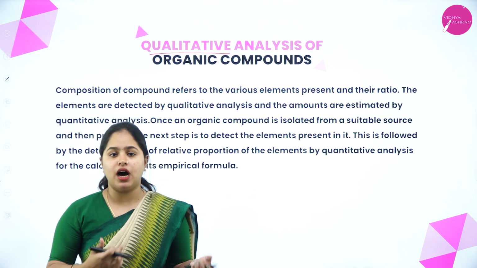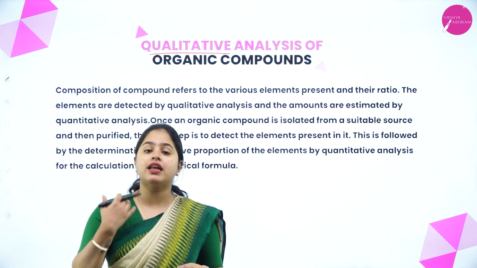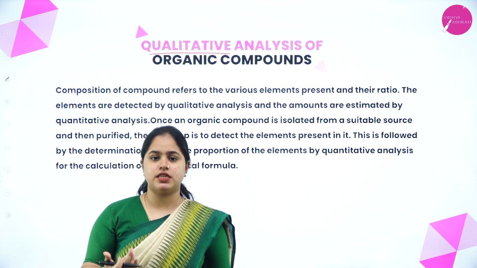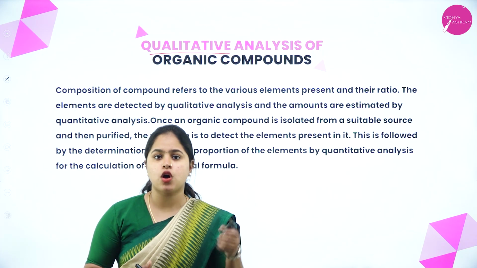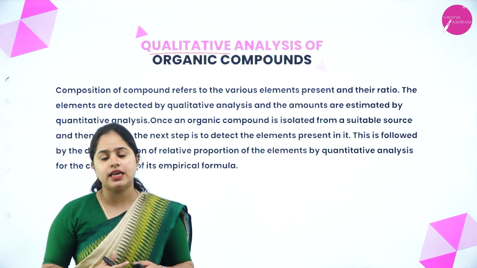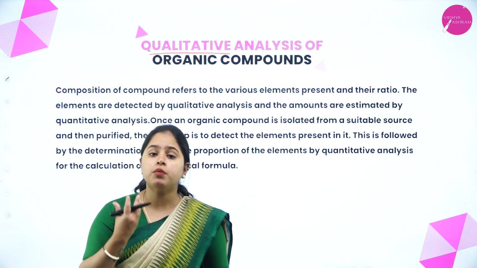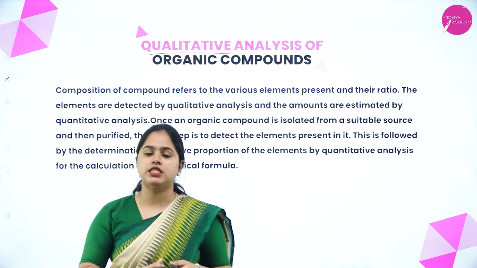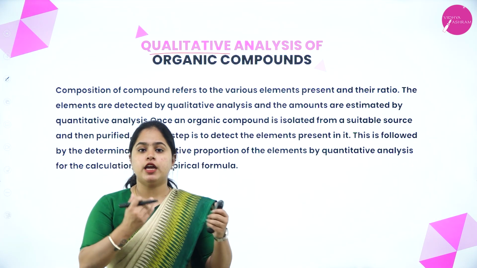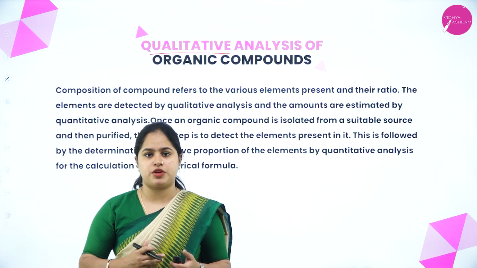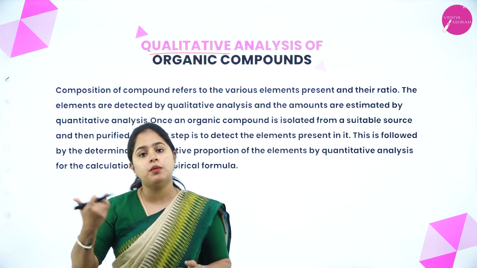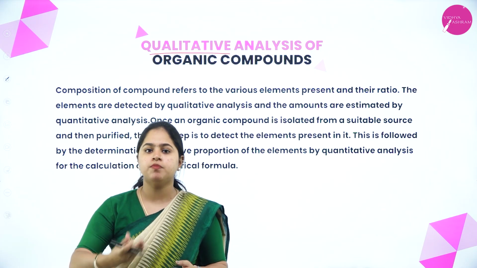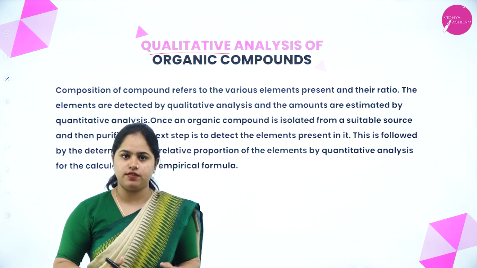Apart from carbon and hydrogen, if any other elements are also present, we determine them using qualitative analysis of organic compounds. As the name suggests, qualitative, we will be only detecting the elements present in the organic compound. If carbon, hydrogen, nitrogen, sulfur, phosphorus, halogens are present or not present, we'll determine using qualitative analysis.